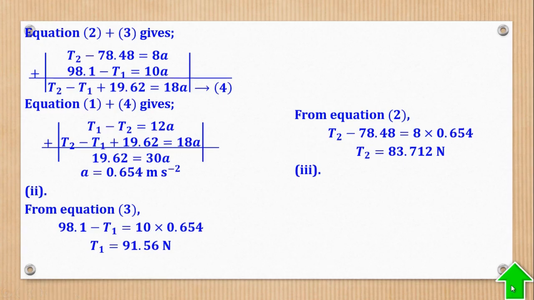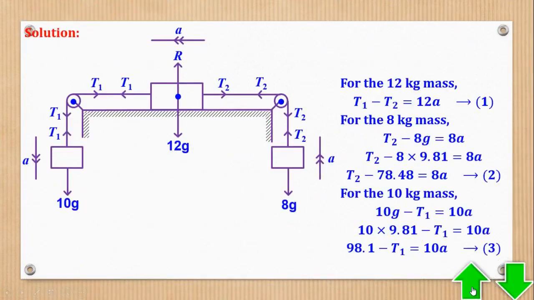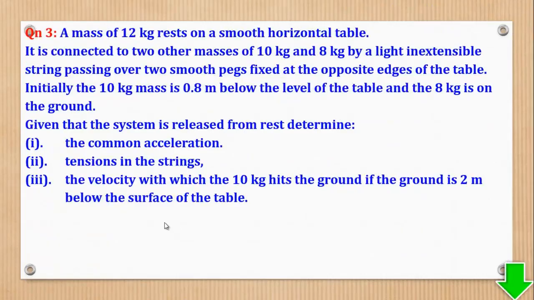Part three: they asked for the velocity with which the 10 kilogram mass hits the ground if the ground is 2 meters below the surface of the table. But they talked about something here: the 10 kilogram mass is 0.8 meters below the level of the table.